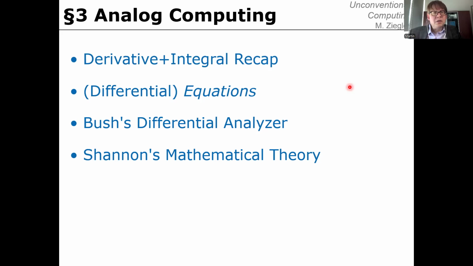Namely, Claude Shannon characterized which continuous functions can be computed by the differential analyzer and which ones cannot be, based on certain types of differential equations that can be expressed in the differential analyzer, while others cannot be expressed. And this is kind of a computability theory for analog functions.